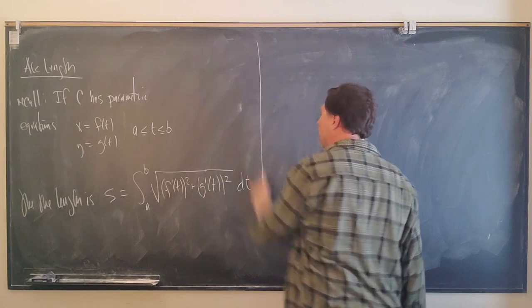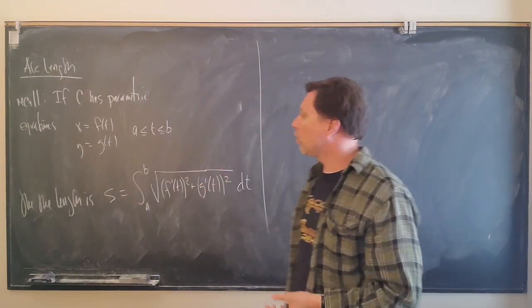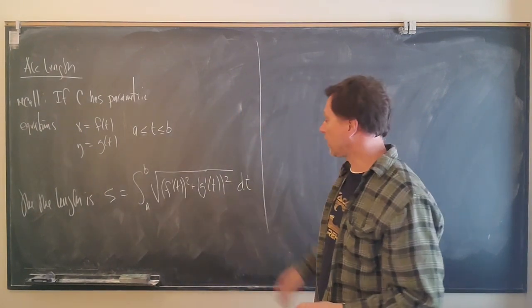Now, it turns out if we have a curve in 3 dimensions, then the same formula holds. We just have an extra component here, which will give us an added piece in our integrand.